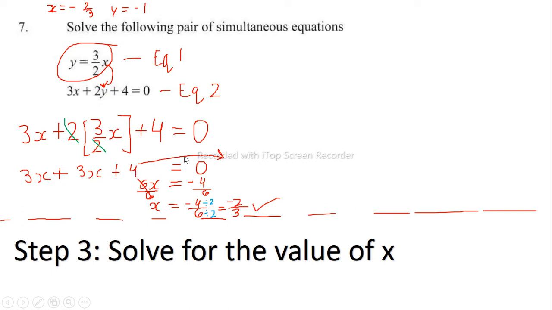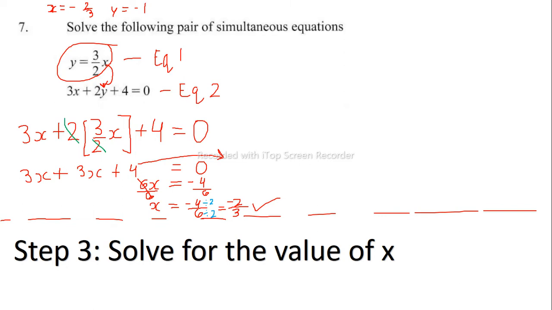We send over the 4 because we're trying to isolate x, make x by itself and everything else on the other side. Then we are left with 3x plus 3x, which is 6x. We divide both sides by 6, so we get x is equal to negative 4 over 6. We divide top and bottom by 2, giving us negative 2 over 3. Okay, so that's the thing.